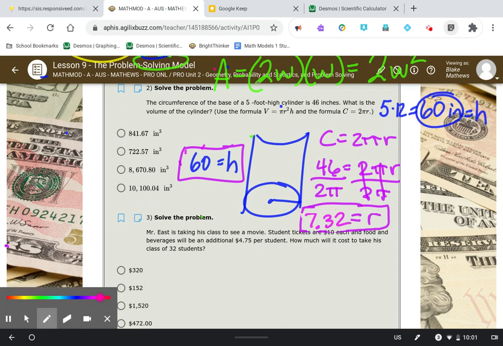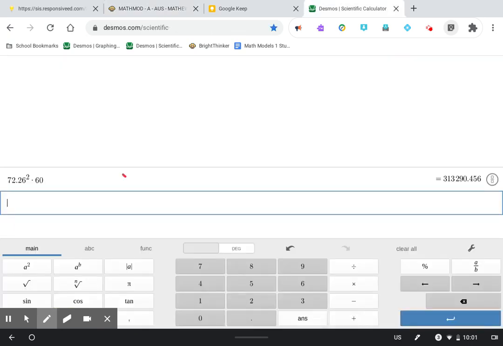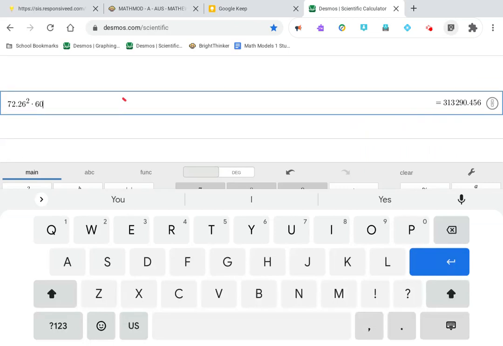So jumping over to do this work, see if I can just fit this right here. Volume equals pi times 7.32 squared times 60. So we'll go over here. I kind of need to fix some of the work I did over here. So let's see what we have.